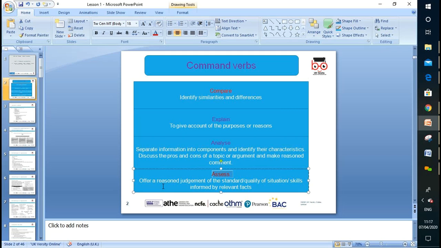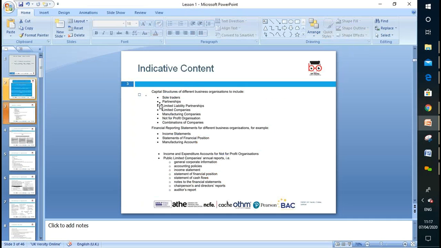We need to look at the relevant facts we've been given and how true they are. It needs to be financial information. Financial statements should always provide true information to stakeholders. Stakeholders mean anybody who has any interest in the business. Shareholders mean any investor. This is the indicative content we're supposed to go through in today's lesson.